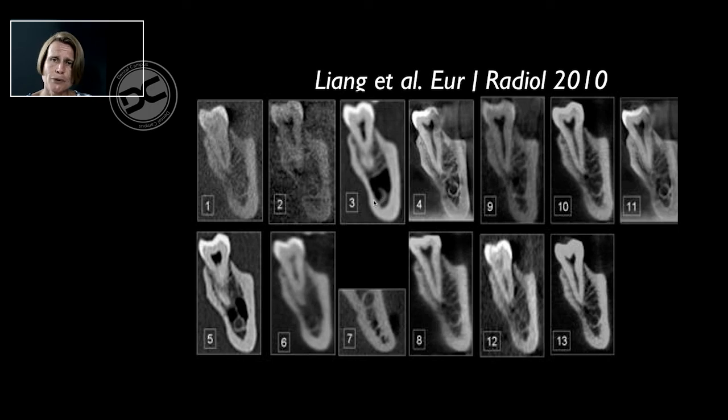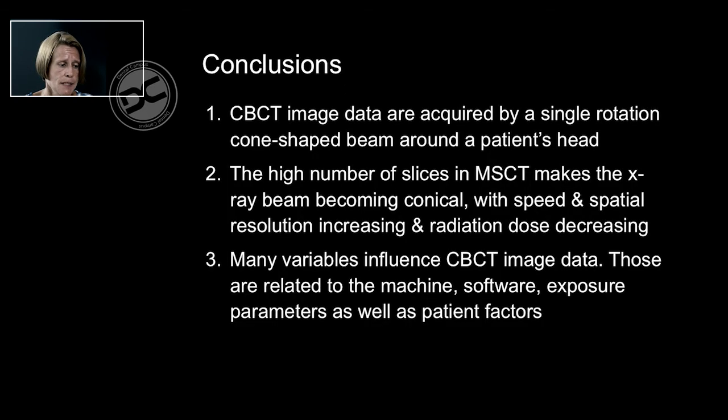The conclusions of this lesson are as follows. CBCT data are acquired by a single rotation in a conical shaped beam around the patient's head. As multi-slice CT nowadays has a higher number of slices made in one rotation, you can actually get better speed, a decreasing radiation dose, and a better spatial resolution of your images.